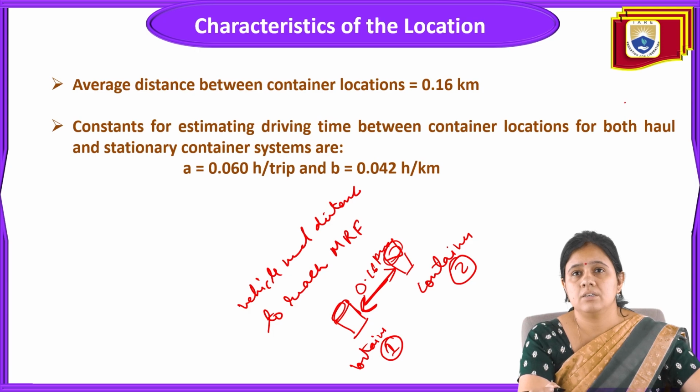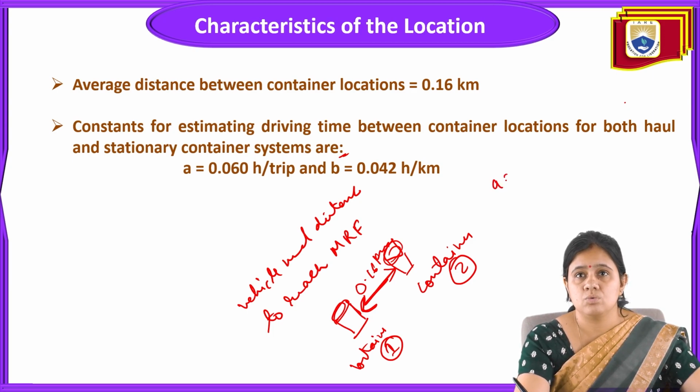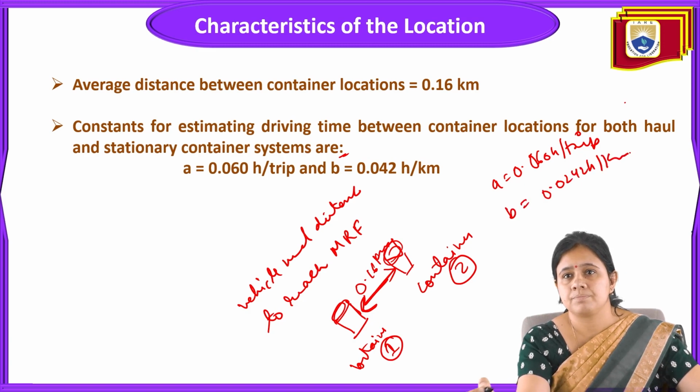And the constants for estimating driving time between container locations, for both haul and stationary container systems, are A equal to 0.060 hours per trip and B equal to 0.042 hours per kilometer.